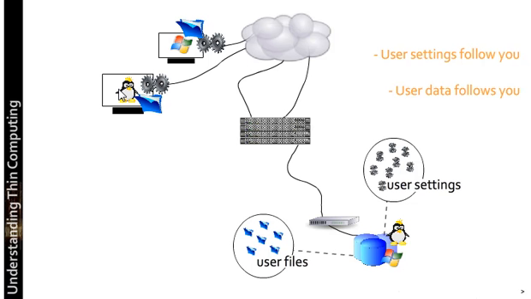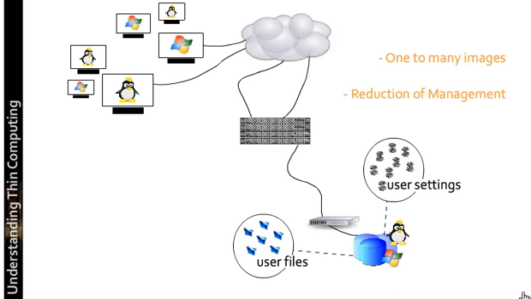You could be working in California one day and New York the next day, and when you boot up your thin computing machine, it will look exactly like it did in California if you're in New York, and vice versa. So it's really a very nice technology for having your settings and your data follow you.